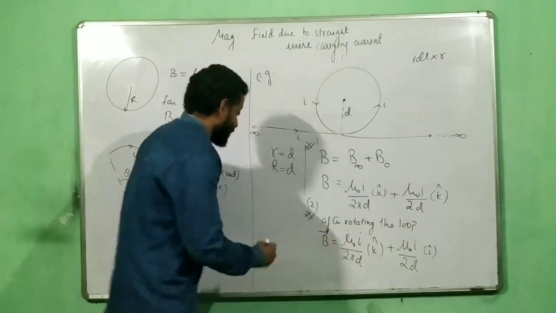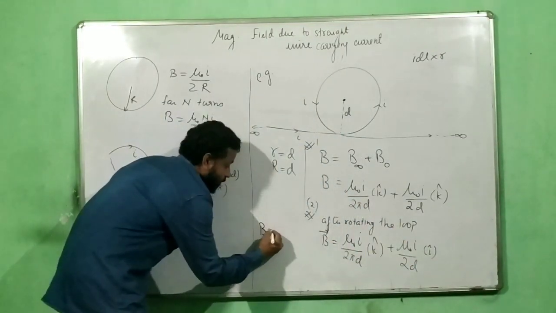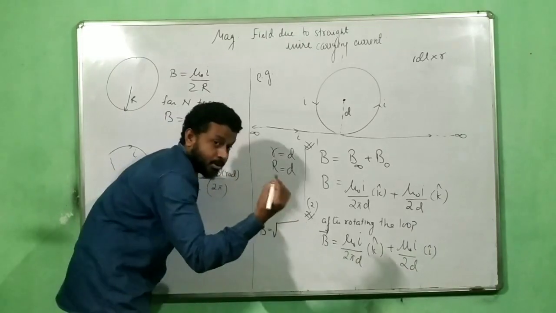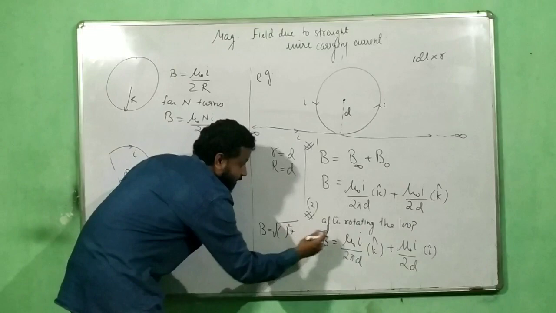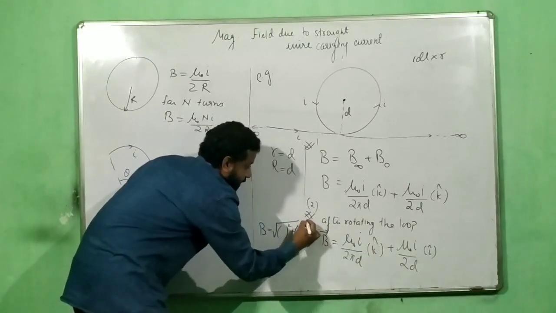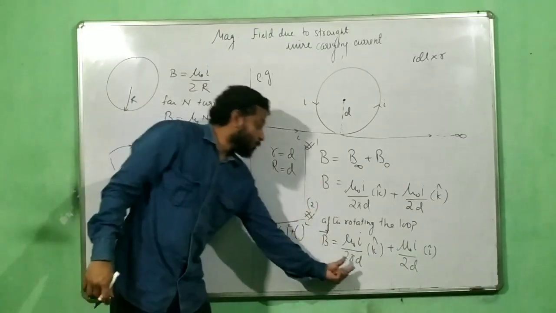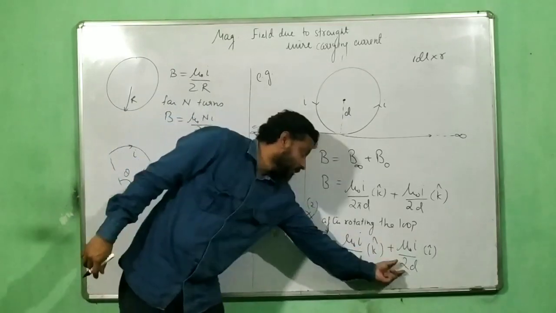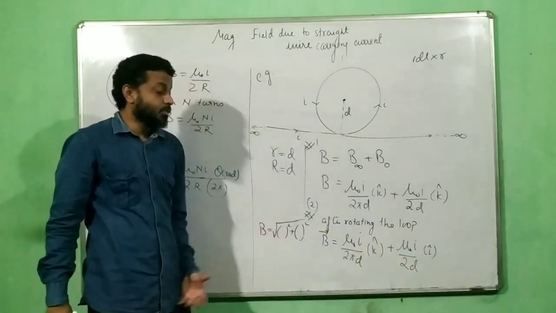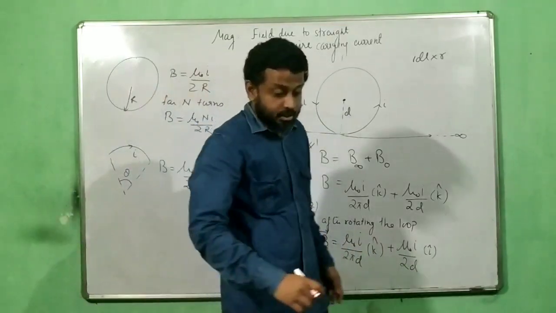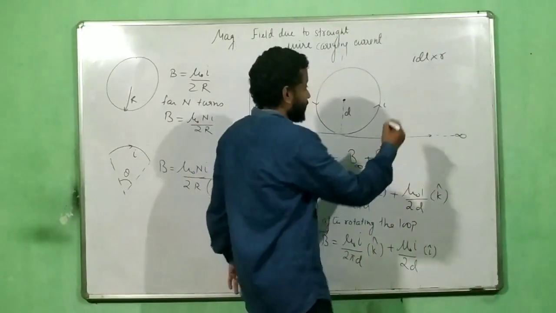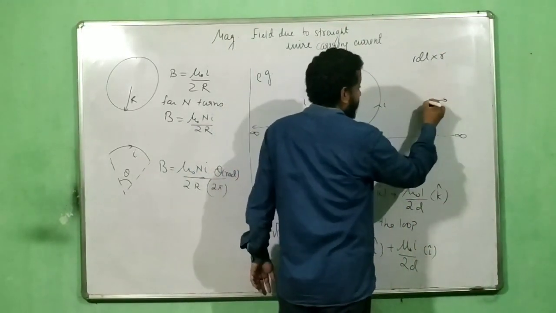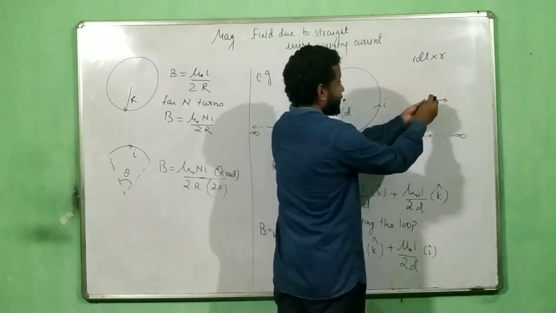Now you know how to find the resultant of two vectors acting along perpendicular directions. So how to find the magnitude? Magnitude will be equal to root over of this component square plus that component square. That will give you the resultant field. And how will you find the angle? Perpendicular by base, because one field will be in this direction, one in that direction.